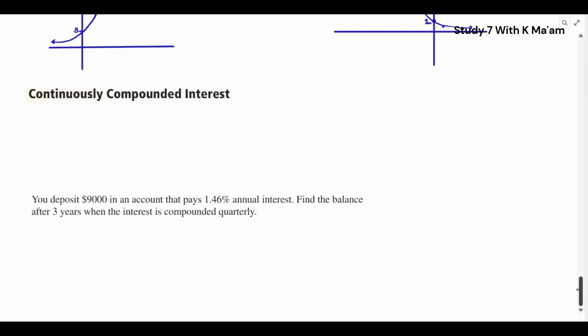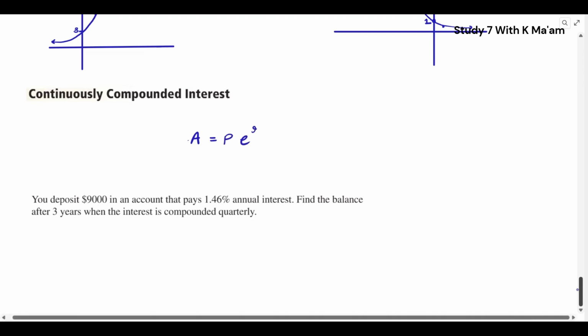In that case, we have a formula: amount A equals P e power rate of interest into time, A equals P e power r t. P is the principal amount, e is the exponential constant, r is the rate of interest which is continuously compounded, and t is the time period.